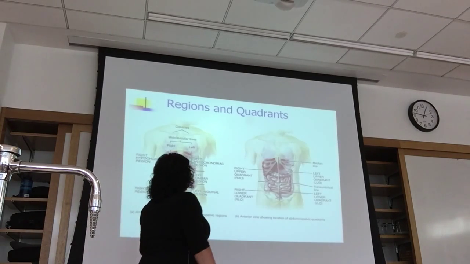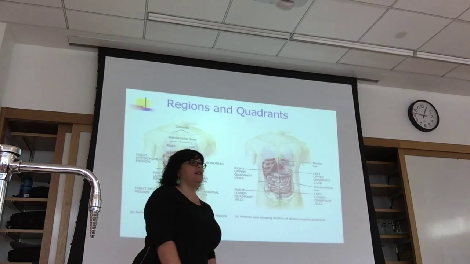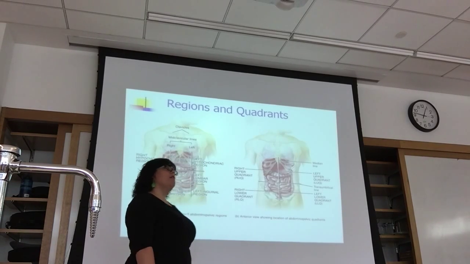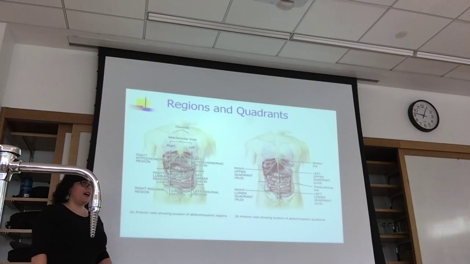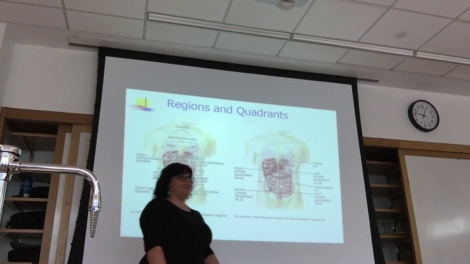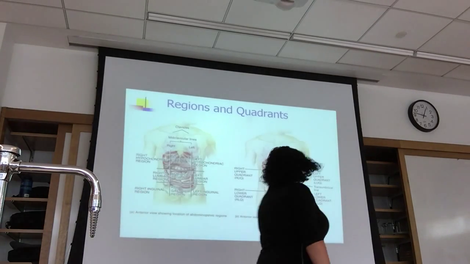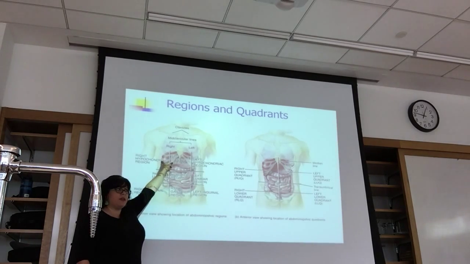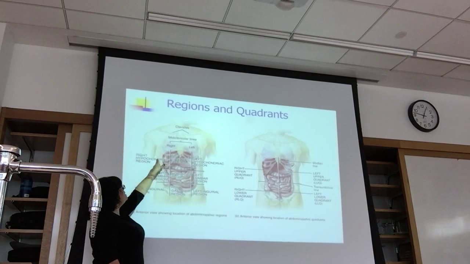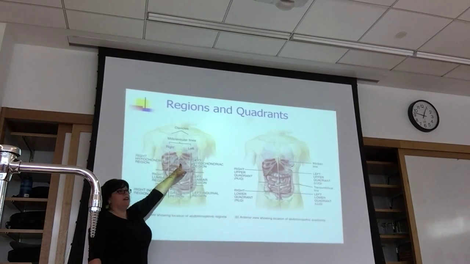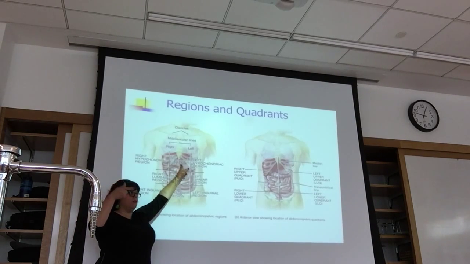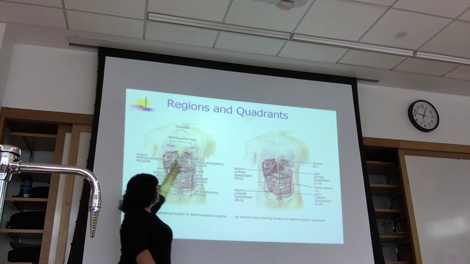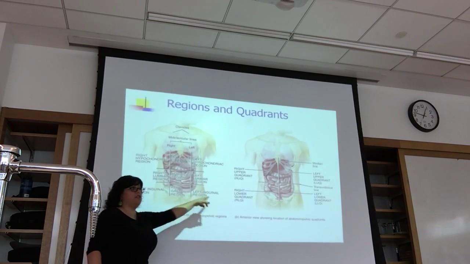Medial to the right hypochondriac region is the, medial to the right epigastric. Good. So I said medial to the right hypochondriac. Isn't that what I said? Yeah. Medial to the right hypochondriac is the epigastric. Medial means towards the middle. You should know the names of these and the locations of them.